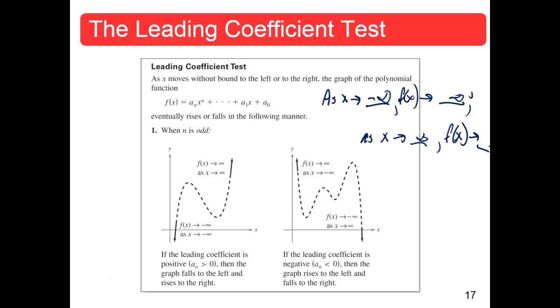So if n is, what do you consider by n? Odd or even. That's it exactly. So if n is odd, what do you know about the function? It's going in opposite directions. It's got to. We just don't know which. So what tells you which direction it's going?